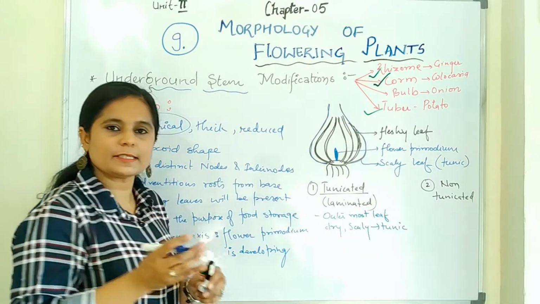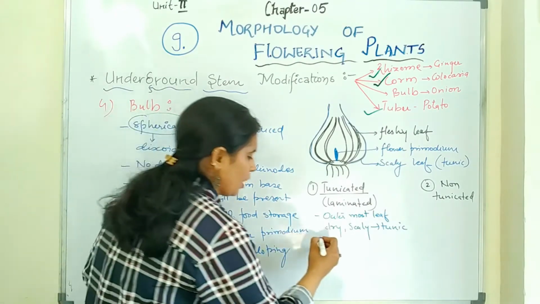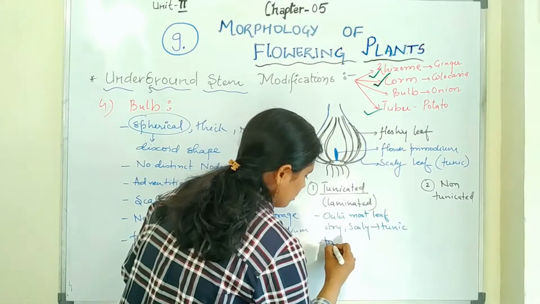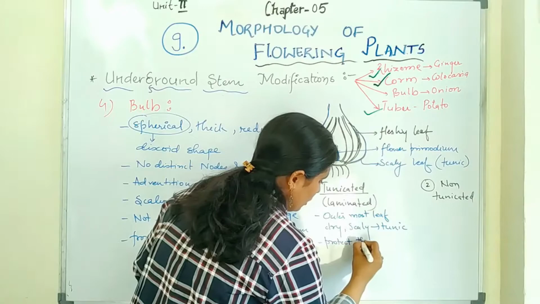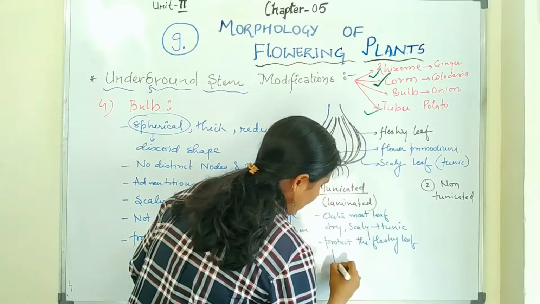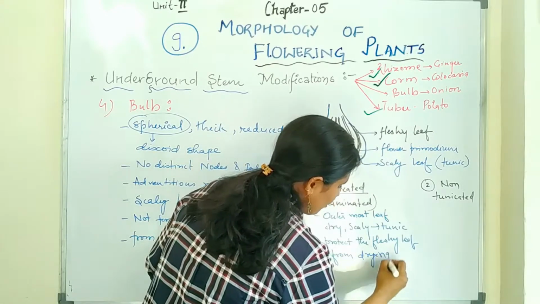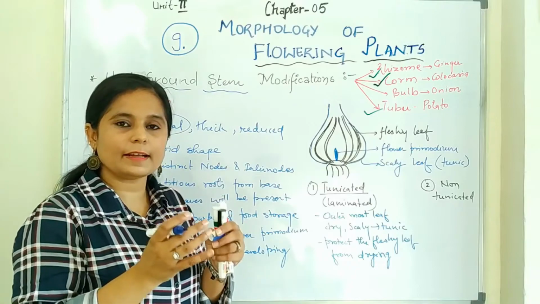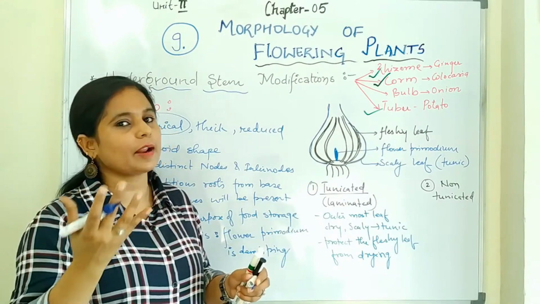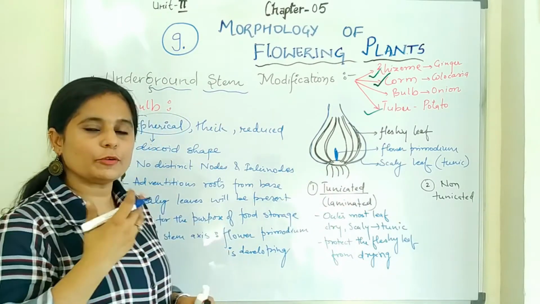When it is present, the bulb is known as a tunicated bulb, and its function is to support or protect the fleshy leaf from drying. It conserves and manages the moisture of the fleshy leaf, and does not let it dry. This you will see in case of tunicated bulbs.